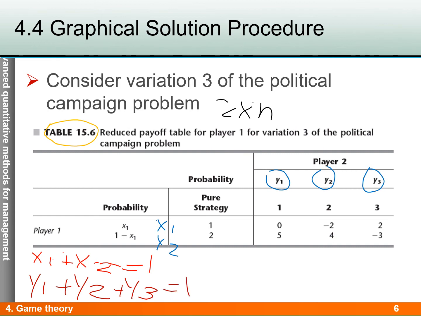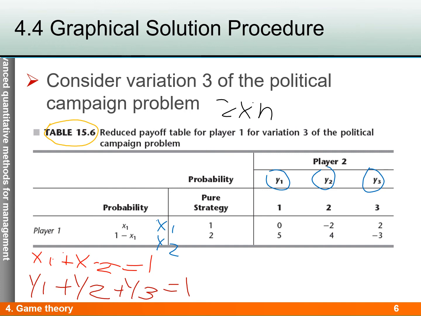All these probabilities should be equal to 1. Okay? So, based on the same reason that I told you, we are able to draw up to 2 dimensions. Okay? I can draw from the side that I have 2 as a size. Here is a player 1.